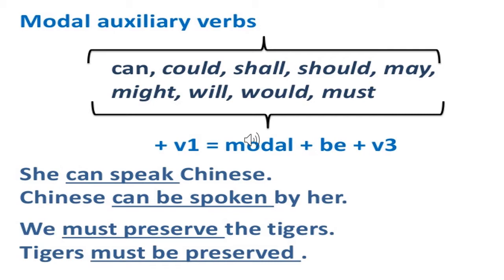For example, she can speak Chinese. Here can is the modal auxiliary verb and speak is the verb. Then in the passive form it will become Chinese can be spoken by her. Here in the passive form also can, the modal auxiliary verb, is followed by the word be, and then spoken is the past participle form of speak.